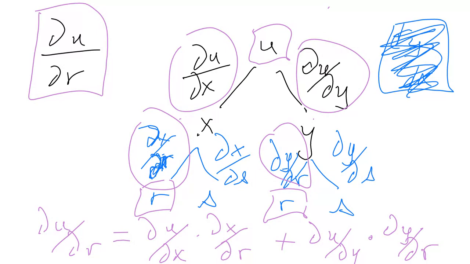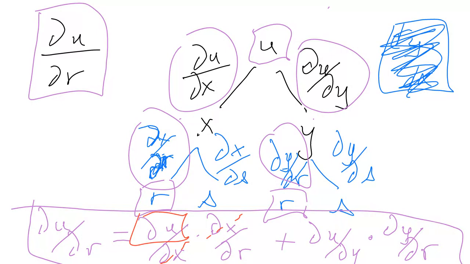Notice this is the theorem that we use here, but if you look at it, the partial x's kind of cancel out, and I've got the partial of u with respect to r when I'm utilizing the x's, but on the other one, the partial y's kind of undo each other. I've got the other part of the partial of u with respect to r. So then what I have to do in the middle is add those together.